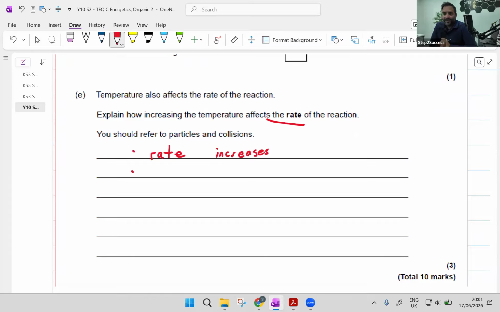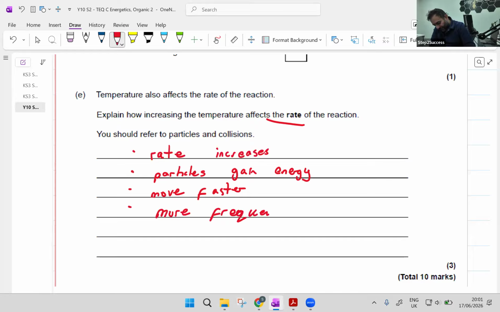It's because when you increase the temperature, the particles gain energy. And if they gain more energy, they move faster. And if they move around faster inside the beaker, there are more frequent collisions. You need to mention that phrase exactly like that. Not just more collisions, but more frequent collisions is really what you want to say.